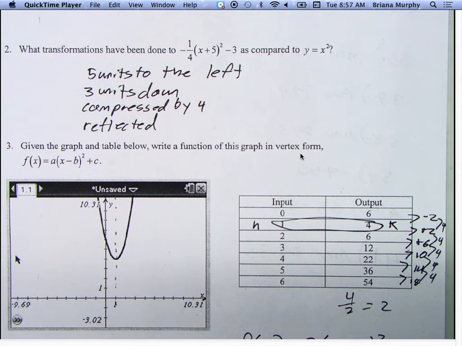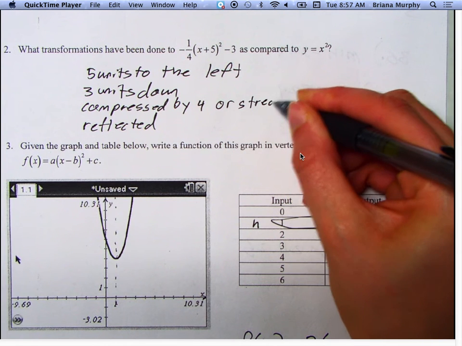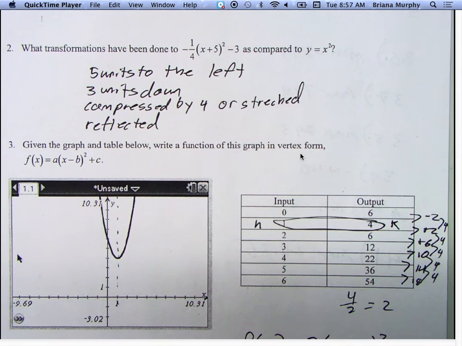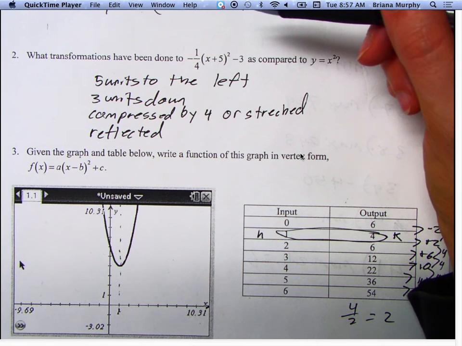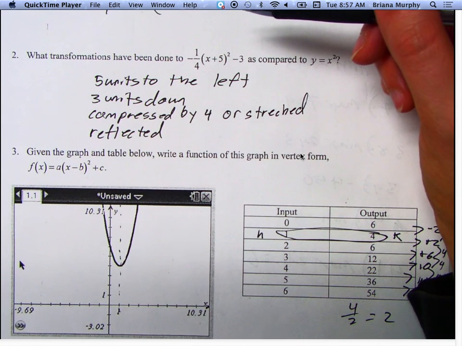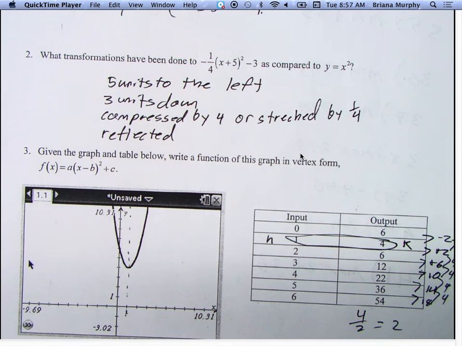You could put stretched by 1/4, and you would get the same answer. I thought if it's compressed, it's less than 1. Yep, so if you see compressed, if, for example, number 1 said compressed by 3, you'd write 1/3. If you ever see the word compressed, you know it's going to be less than 1. So if it's compressed by 4, that means timesing it by 1/4.